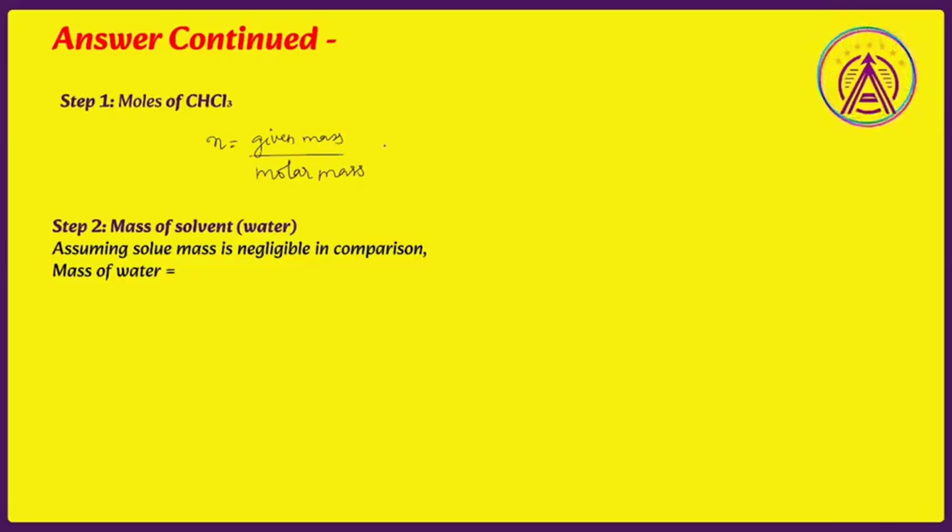So my given mass in this case is 15 grams divided by molar mass, which is 119.5 grams, which we have calculated in the very first step. So on dividing, I get my number of moles to be 0.126 moles.